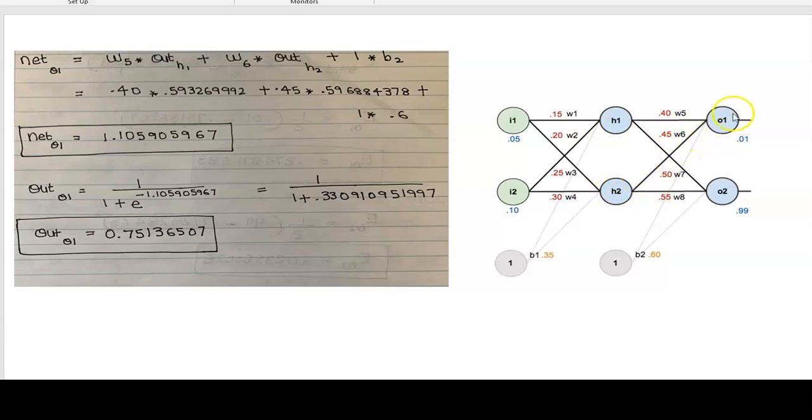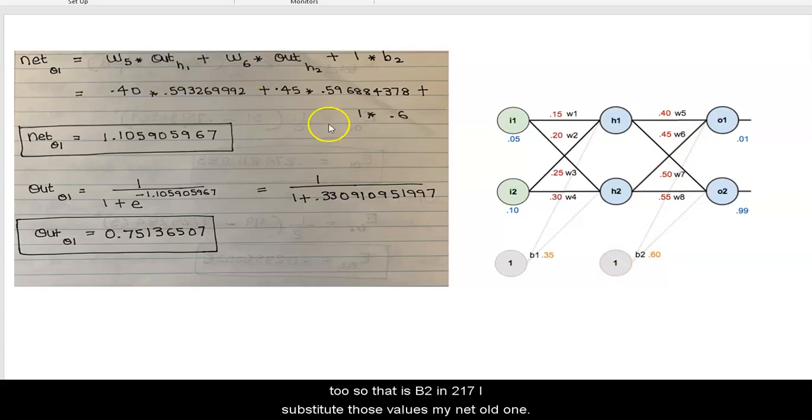So for my net O1, I have W5 into out H1 plus W6 into out H2 plus, of course, the bias that is coming from here, which is B2. So that is B2 into 1.